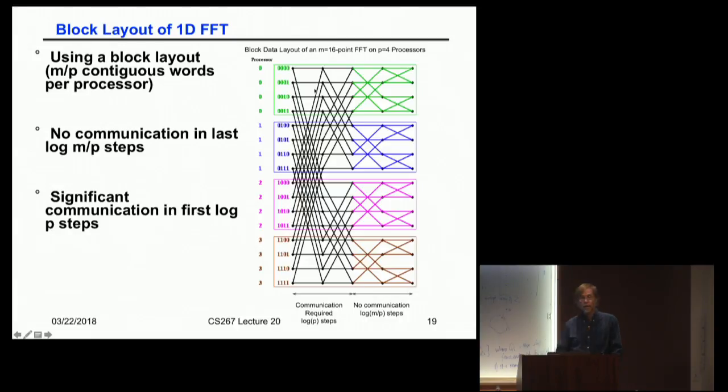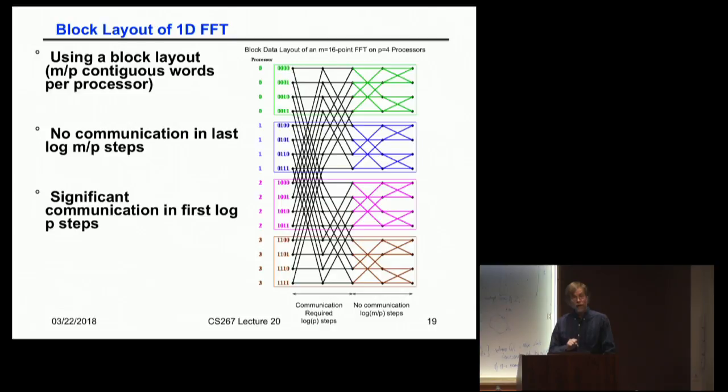Each black edge represents communication that I have to perform. This one over here has green edges because the green processor owns everything, so all of that is communication free, so to speak. If you look at this, communication is required for the first log p steps, and then there's no communication for the last log m over p steps. Okay, so that's the picture I get here.